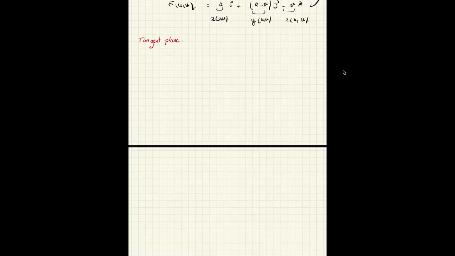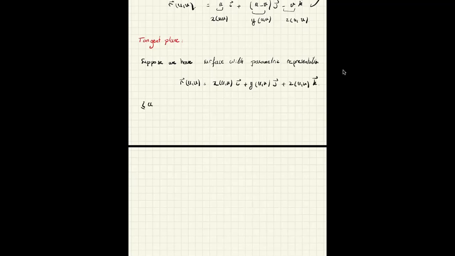So suppose we have a surface with parametric representation r(u,v) equal to x(u,v) i plus y(u,v) j plus z(u,v) k, and u is between a and b, and v is between c and d.